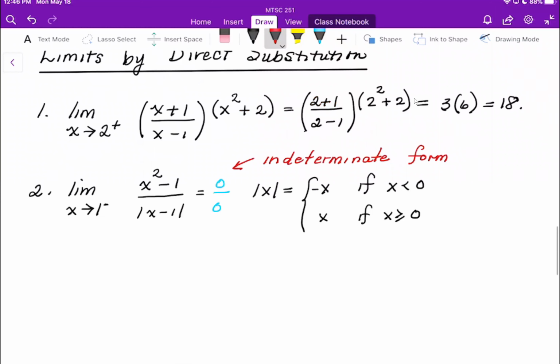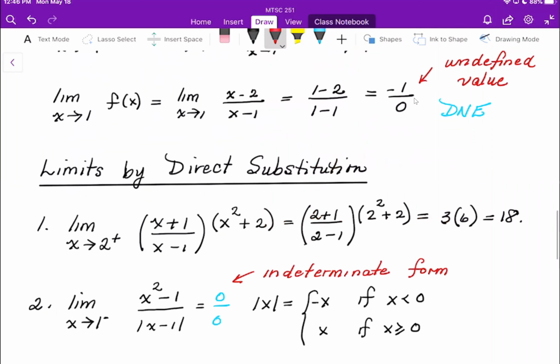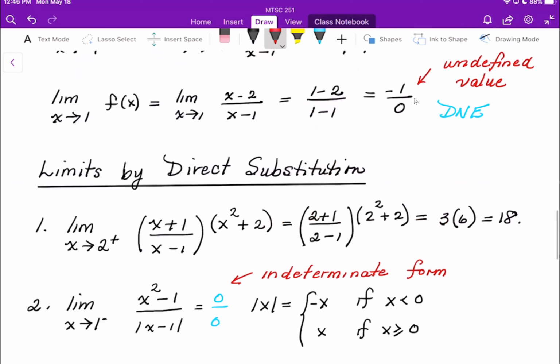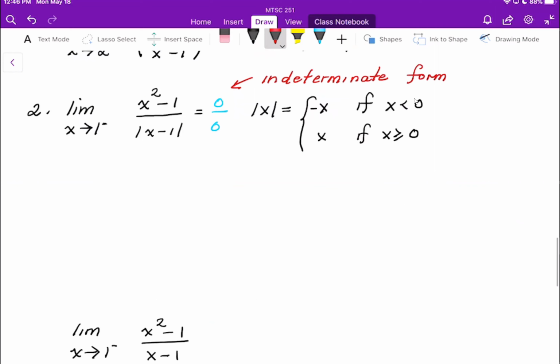It is different than 1 minus 1 over 0, which is undefined. This form is indeterminate. That means we don't actually know what 0 over 0 is. So we need to look at what the absolute value function is.